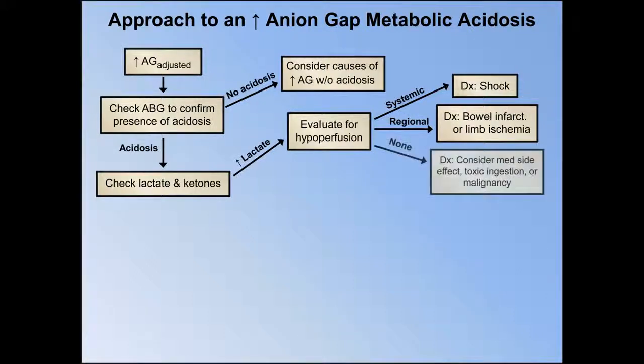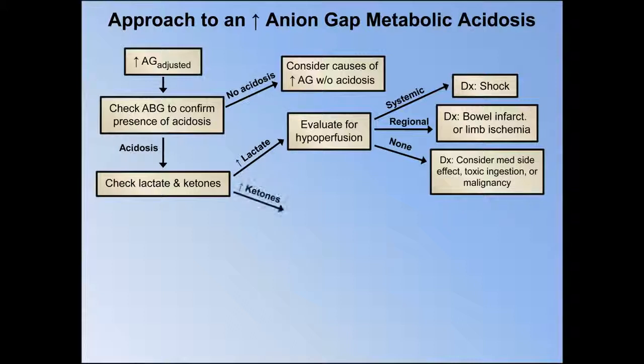If there is an elevated lactate but no hypoperfusion anywhere, you should strongly consider a medication side effect, toxic ingestion, or lactate-producing tumor. At this point, if there is any altered mental status or a history that is potentially compatible with toxic ingestion, a urine tox screen, salicylate and acetaminophen levels, and an osmolar gap calculation are all indicated, even if it seems that lactic acidosis is the sole cause of the acidosis you're seeing.